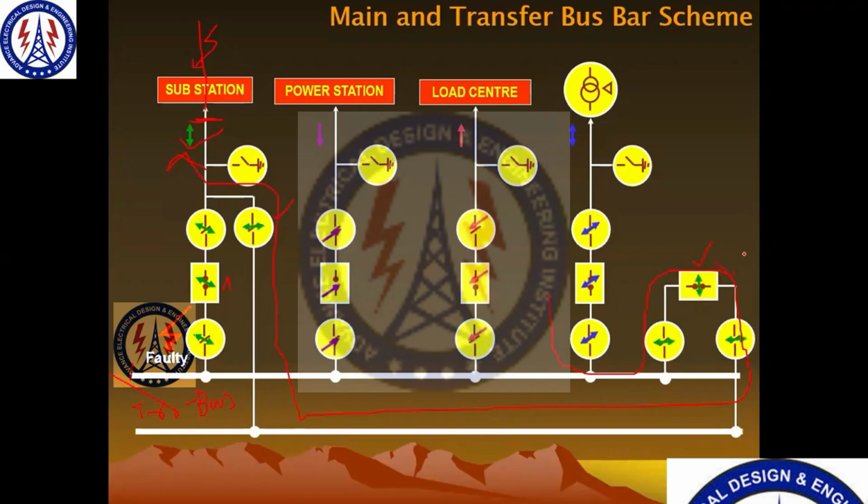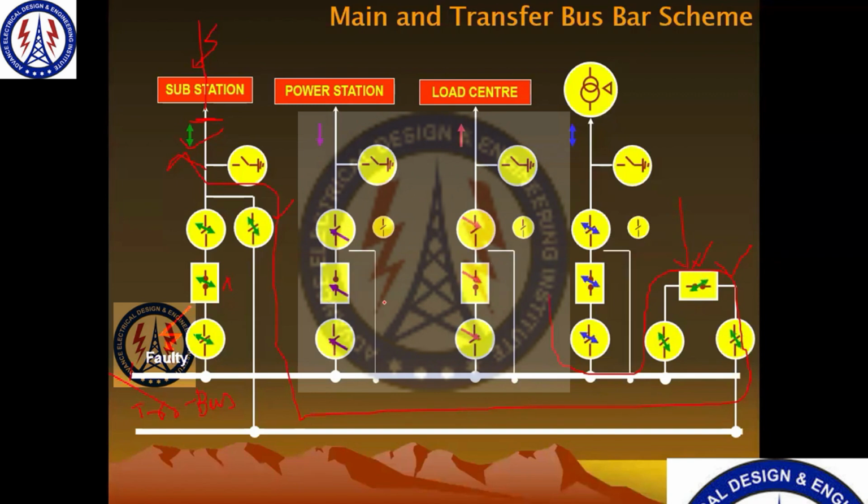This circuit breaker will get tripped. Okay, so as of now, this transfer bus coupler feeder or this TBC circuit breaker is now the line circuit breaker. So this circuit breaker acts as a line circuit breaker when it works for this line. Okay, and at a time you can transfer only one feeder.